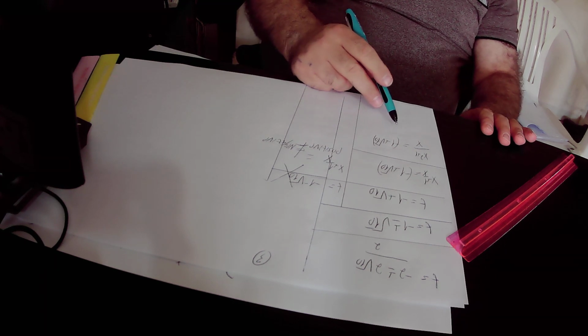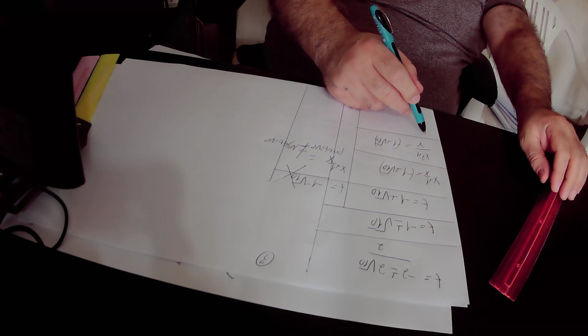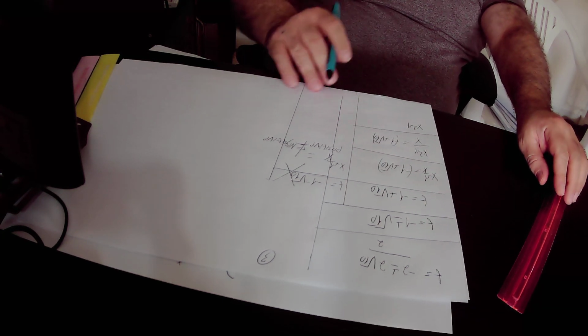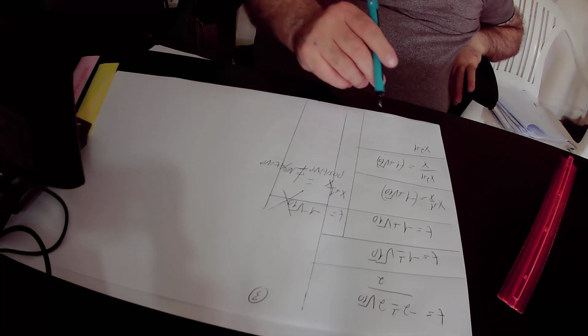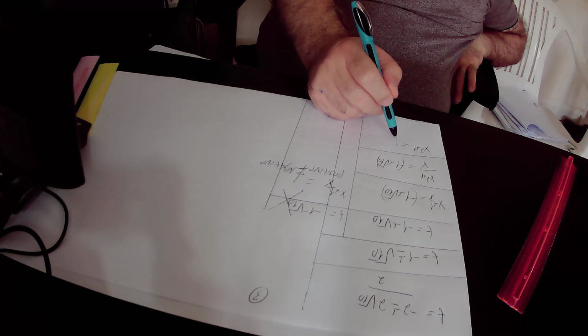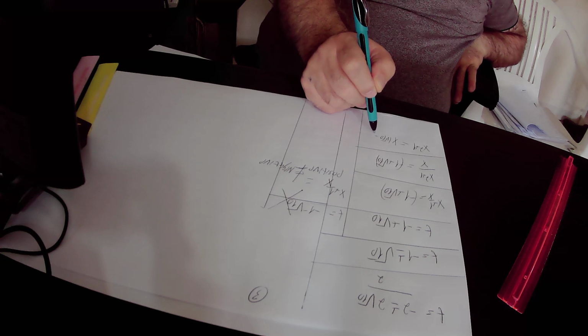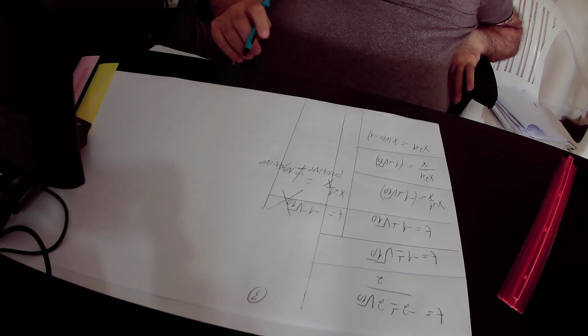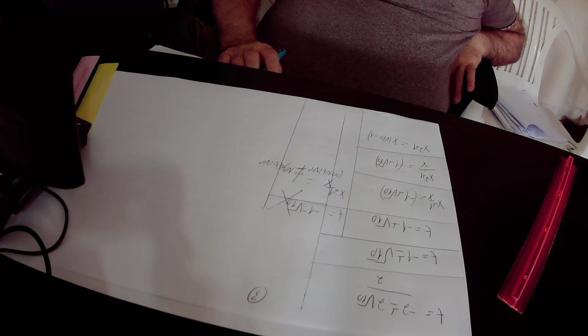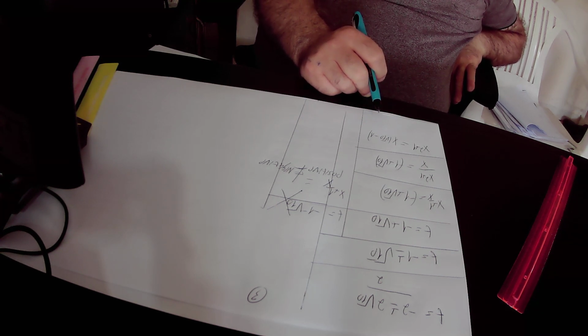So here we will multiply this equation by x, and we will get that x squared plus 1 equals to x times (square root of 10 minus 1). So here we will subtract x times (square root of 10 minus 1) from this equation, and we will get a quadratic equation.